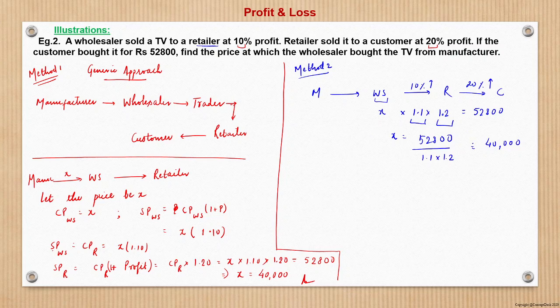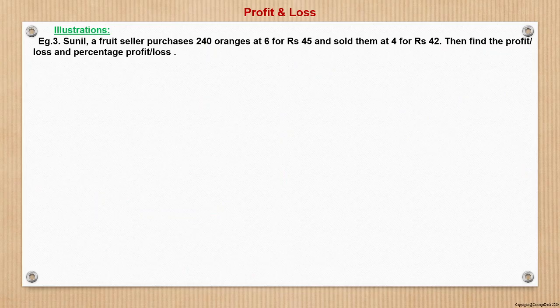That way we have interpreted this question, and after solving we get X equal to 40,000 rupees as the answer. Going forward we will use this simpler shortcut approach to save time. Now let us solve question number 3.